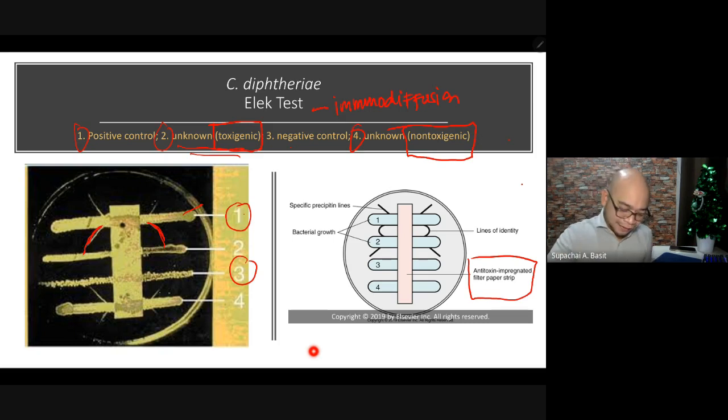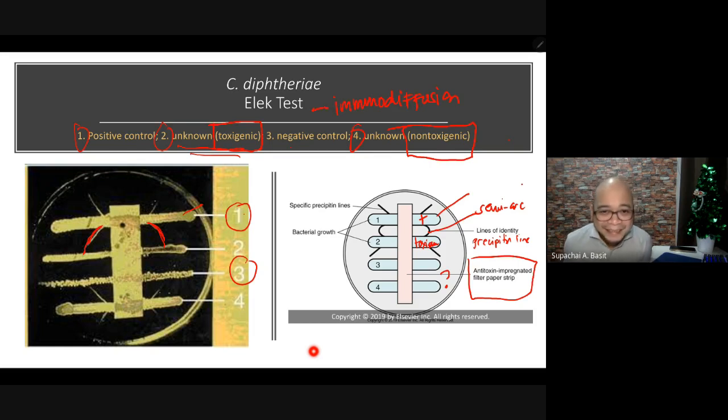Take note that between number 1, which is the positive control, and this toxigenic one, there is a semi-arc formation, which is, of course, a line of identity. This line of identity is called the precipitin line, which is not present for non-toxigenic bacteria.